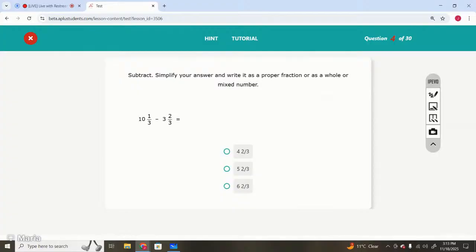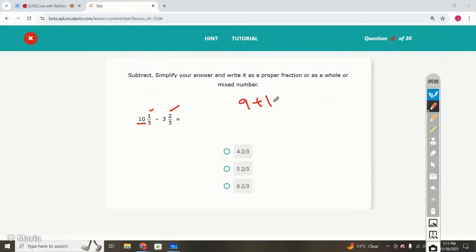The next one is 10 whole 1 by 3 minus 3 whole 2 by 3. So look at the numerators 1 and 2. You cannot subtract the greater number from the smaller one, right? So let's break down the 10 as 9 plus 1 plus 1 by 3, right?